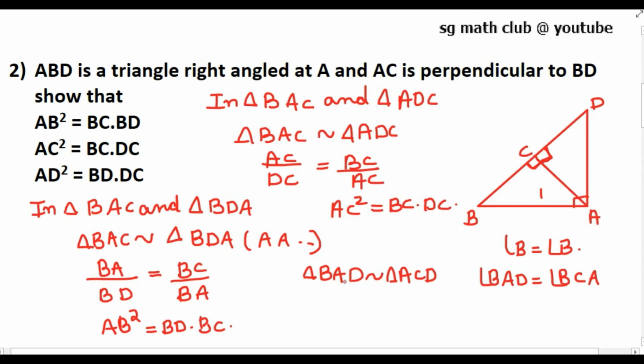So these two triangles are similar by the AA similarity criterion. I can write AD divided by DC equal to BD divided by AD, and if you cross multiply, you have AD square is equal to BD into DC.